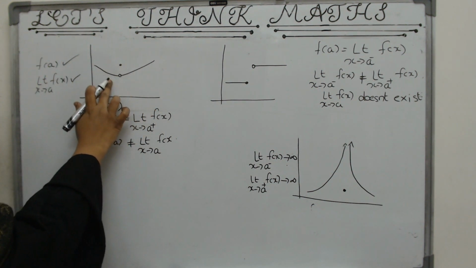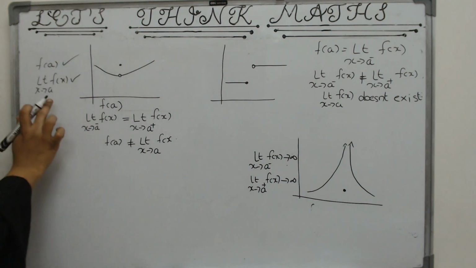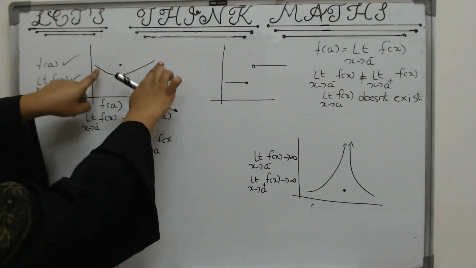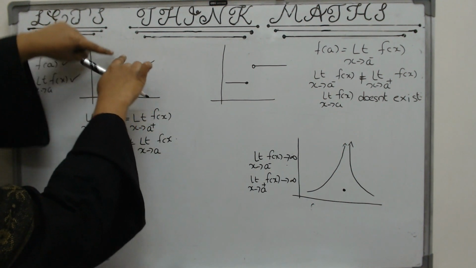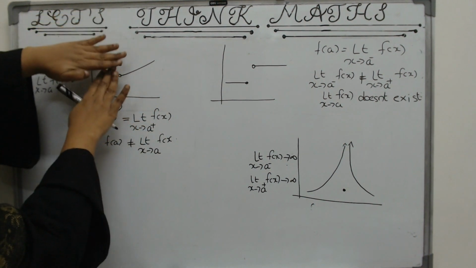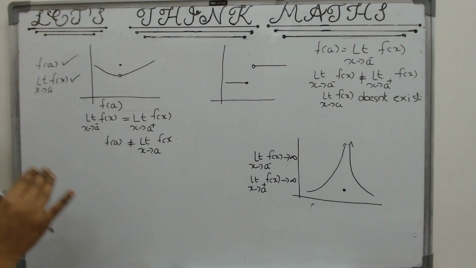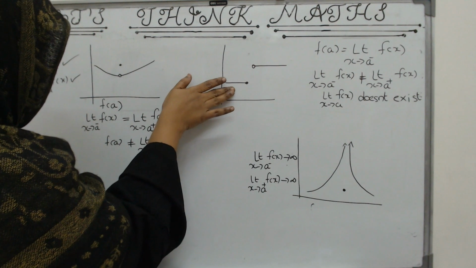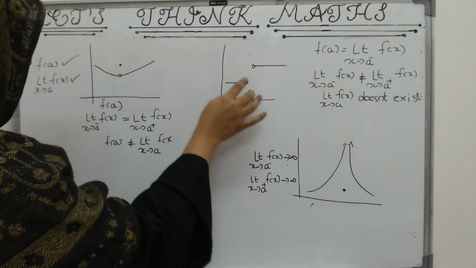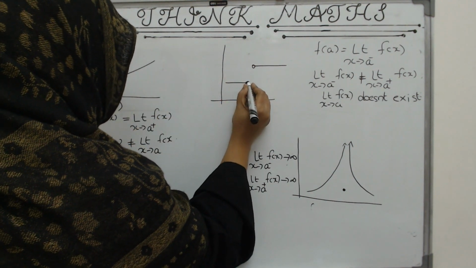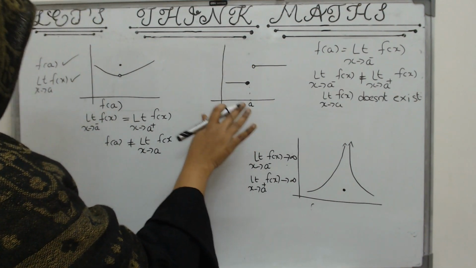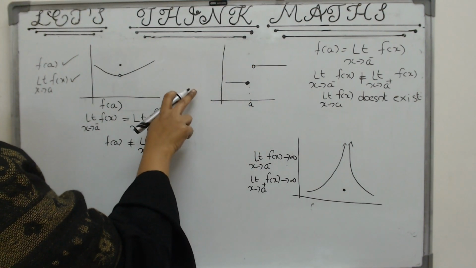They are still connected, but these two are not equal. The third condition is not met. So even though the limit exists, even though f of a exists, these two are not equal. So you have a discontinuity. Now here what happens? See, the left hand limit exists and f of a also exists. This point is your a, f of a exists and it is equal to the left limit.